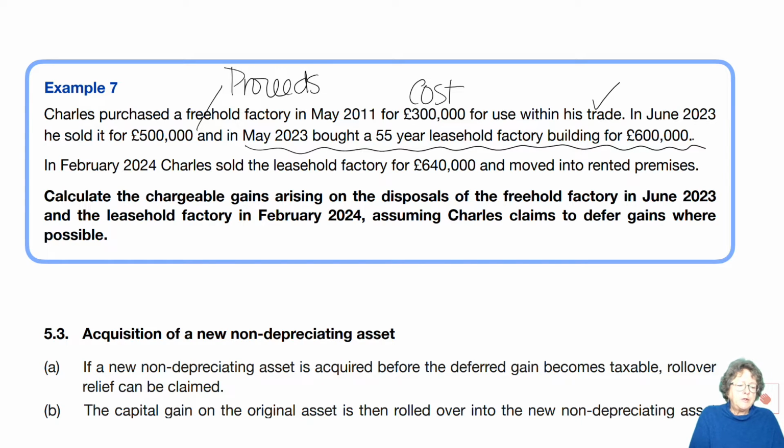And in February 24, he sold that for 640,000 and moved into rented premises. Calculate the gain arising on the disposal of the factory in June 23 and the leasehold factory in February 24, assuming that he wants to defer all the gains as soon as possible. So let's have a look at how that would work.